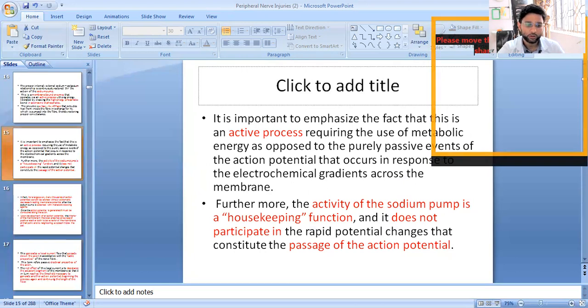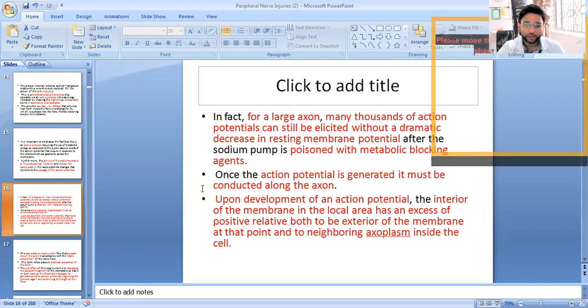In fact, for a large axon, many thousands of action potentials can still be elicited without a dramatic decrease in resting membrane potential after the sodium pump is poisoned with metabolic blocking agents.